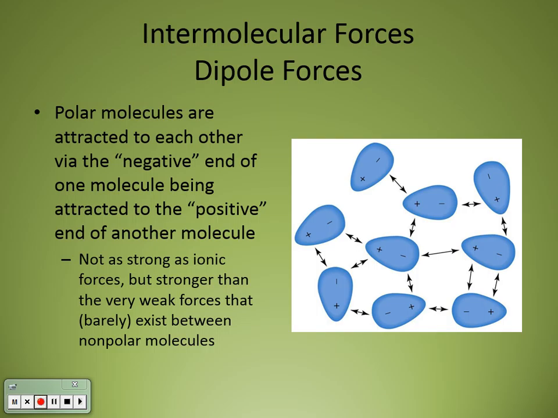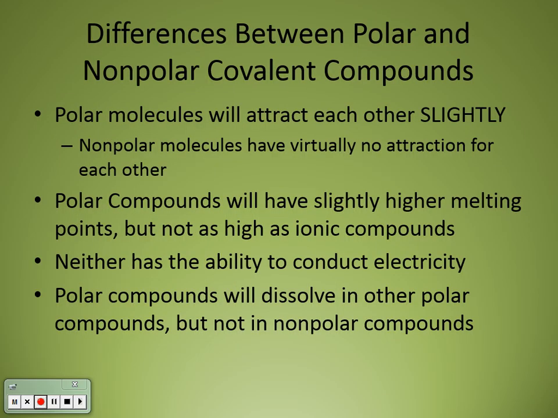That being said, differences between polar and non-polar covalent compounds or molecular compounds. Polar molecules will attract each other slightly, whereas non-polar molecules have virtually no attraction for each other.